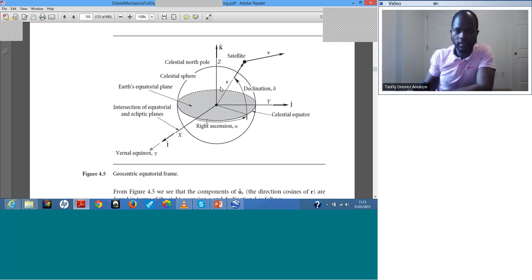So this is something that is common to use, the geocentric equatorial frame, where the vernal equinox line defines the x-axis, and then the z-axis is normal to the equatorial plane and the celestial equator, and then the y-axis is at right angles to the x-axis.